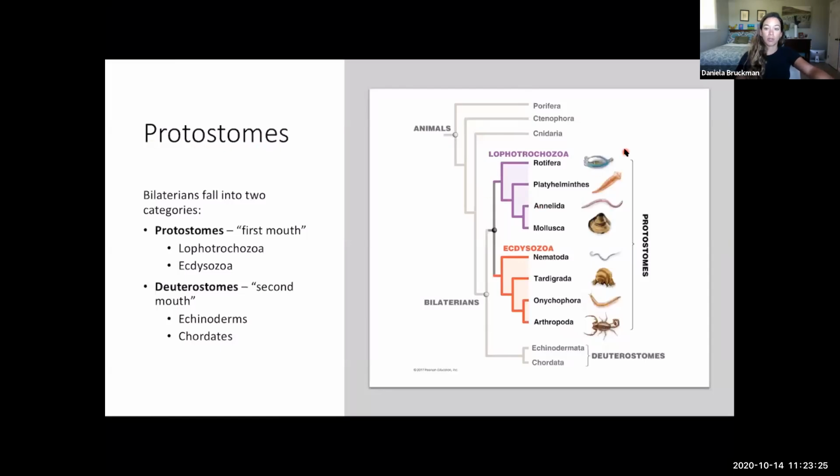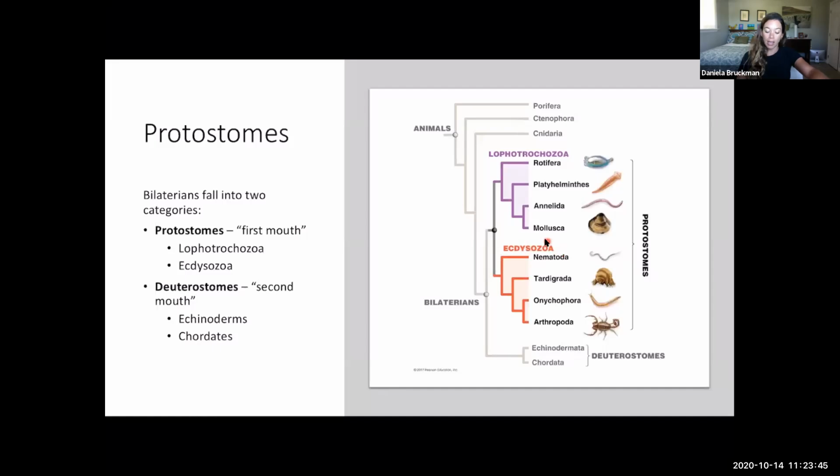The protostomes are represented by these major phyla of animals, and we're going to be exploring the protostomes first. We're going to have two lectures on protostomes. This is the first one that looks at the Lophotrochozoa, and then we have one after this, which looks at this second group here, the Ecdysozoa.